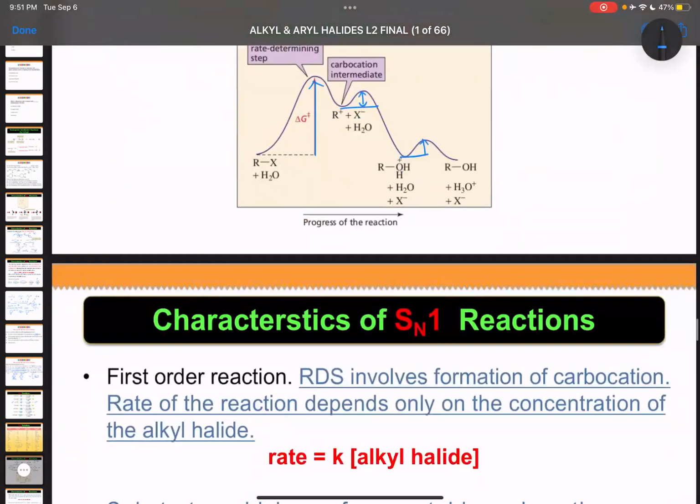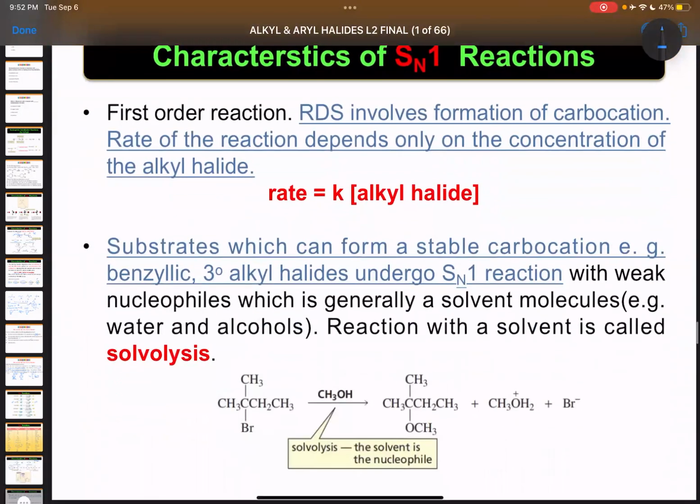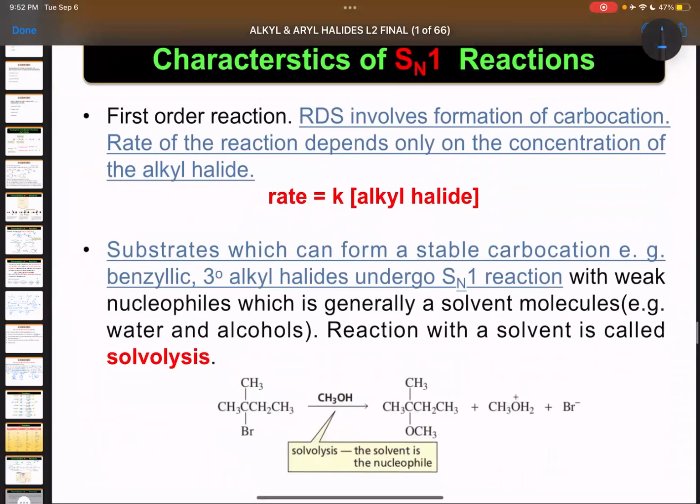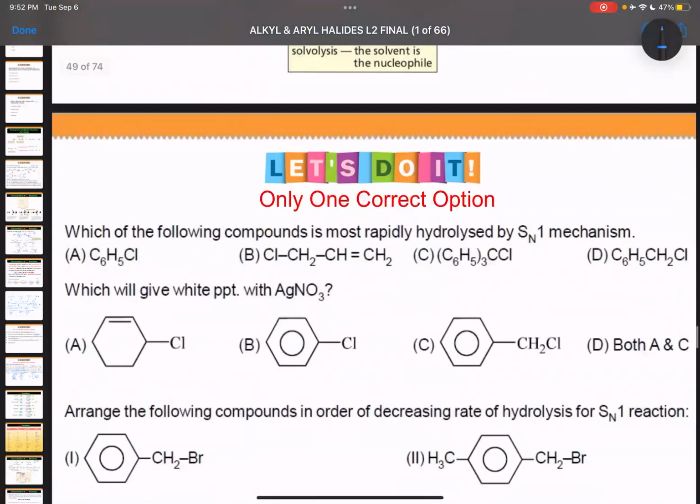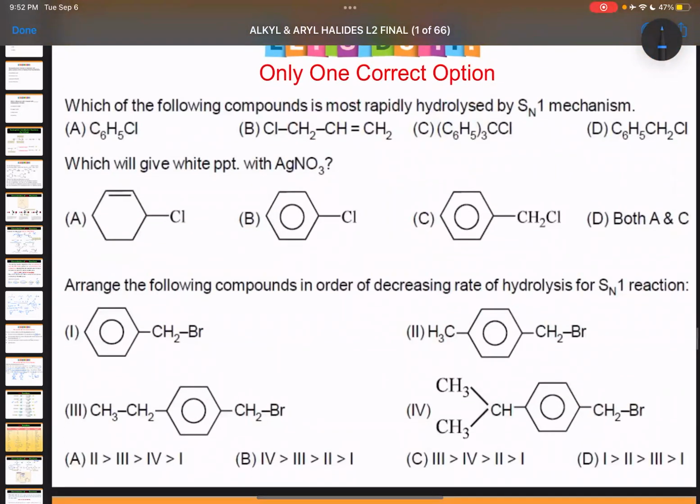Yes, sir. So yeah, what's the stereochemistry and what are the other factors? So rearrangements are possible and all these things I have written. Okay, let's do this question. So these are actually 3 questions. Okay.